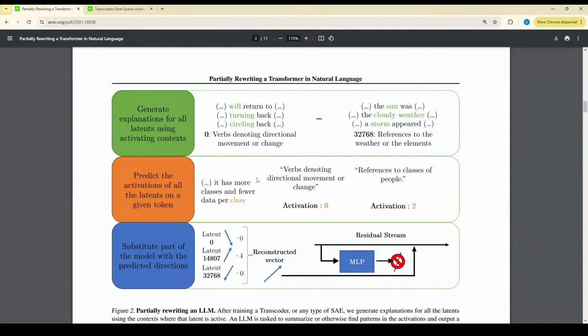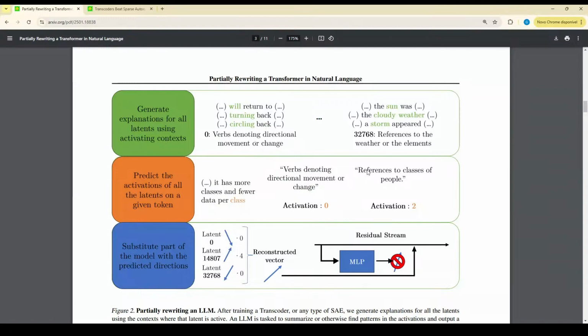And as I said, this is the sentence that you're trying to pass through the model. The last token of the sentence is class. And you ask the model, okay, if the latent explanation is verbs denoting directional movement or change, what should be the activation? And the model says 0.